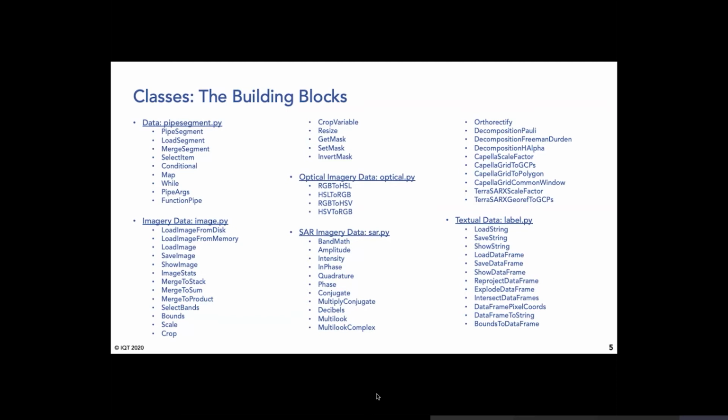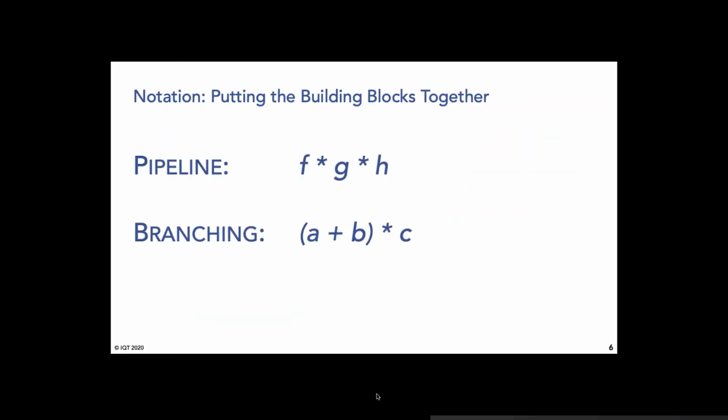And the second step, as I mentioned, is to tell the computer how they all connect together using this special notation. The line telling the computer how to connect the different blocks together uses just 2 symbols beyond the names of the variables themselves: a multiplication symbol, that is a star, and an addition symbol, that is a plus. And the star is used for pipelines.